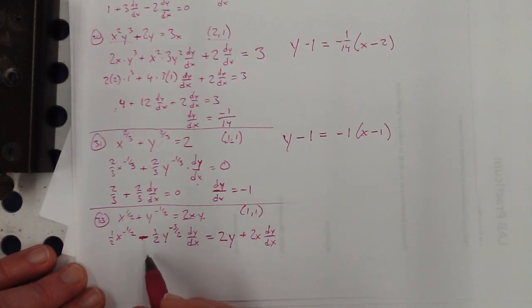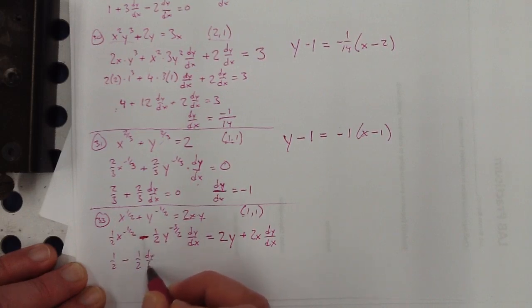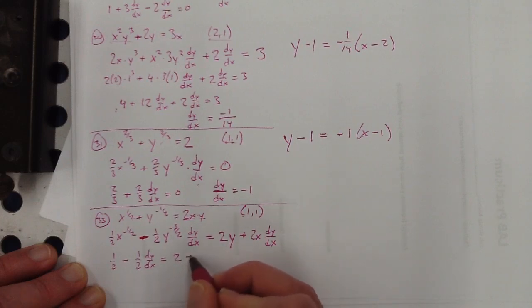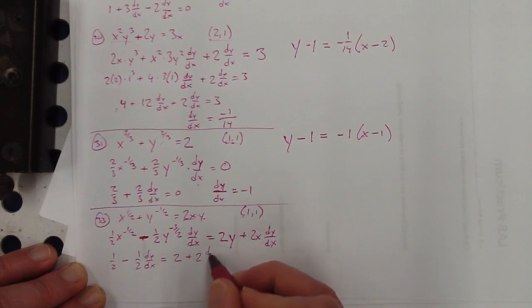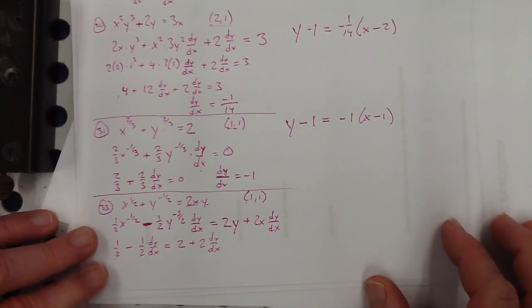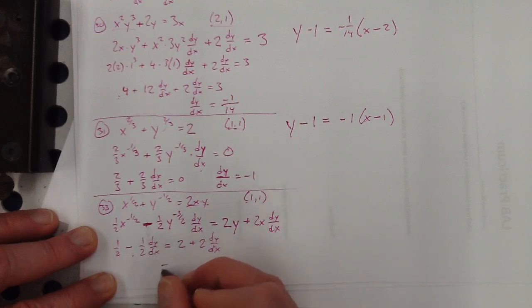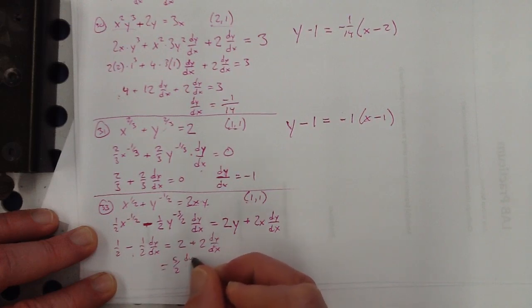Alright, so I'm going to plug in the 1, 1 now. Let's see, 1 to any power is just 1, so this is 1/2 minus 1/2 dy dx is equal to 2 plus 2 dy dx. So let's see what we have here. If I add that to here, 2 is the same as 4/2. So that's like, if I add that over here, it's 2.5 or 5/2 dy dx.